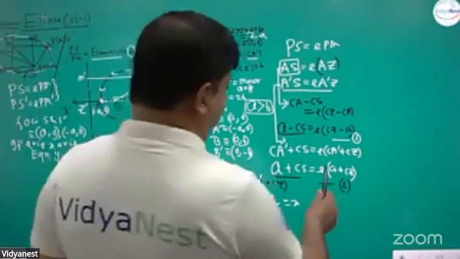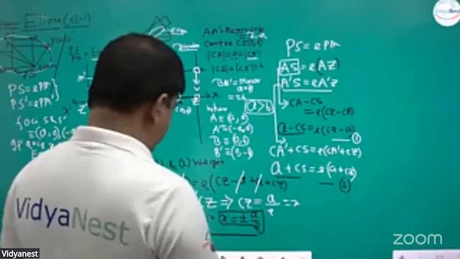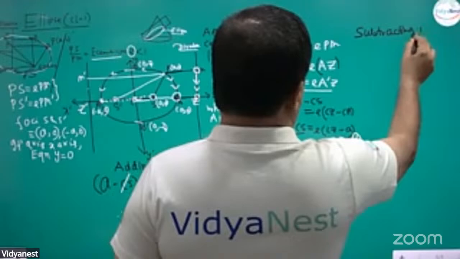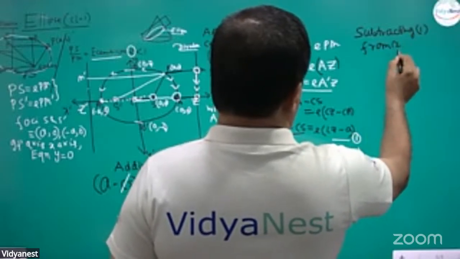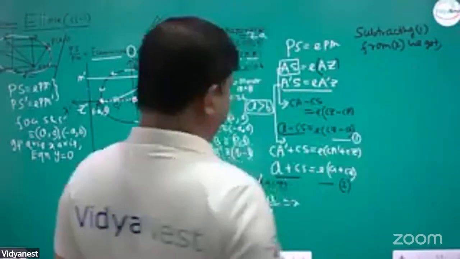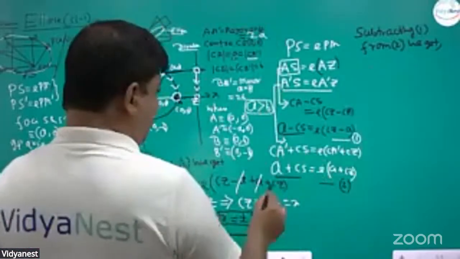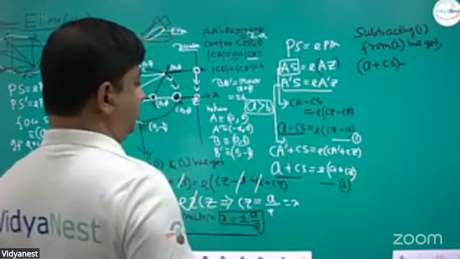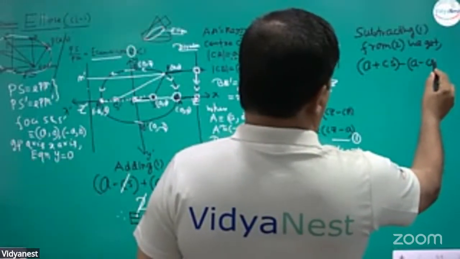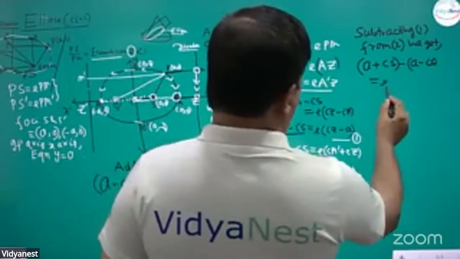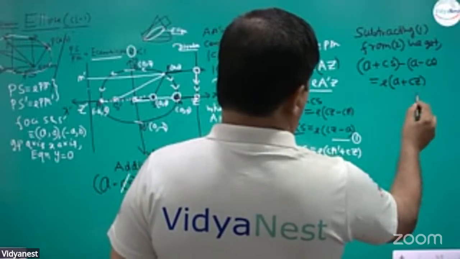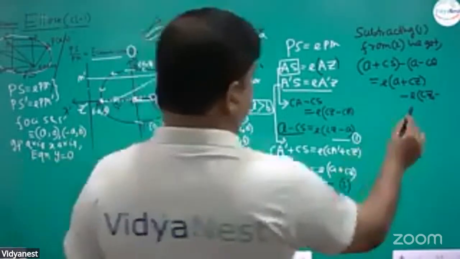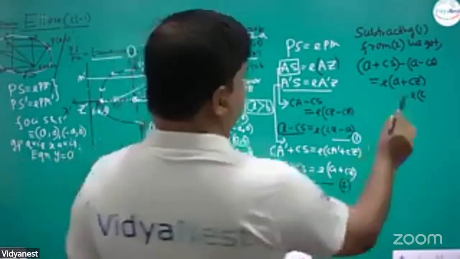Now, you subtract 1 from 2. Subtracting 1 from 2, what do we get? a plus CS minus a minus CS equals e into a plus CZ minus e into CZ minus a.